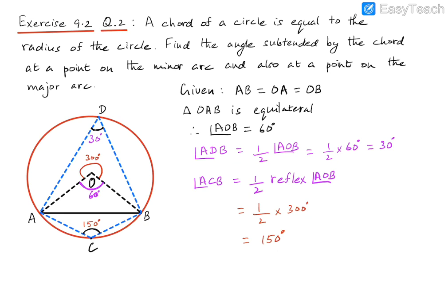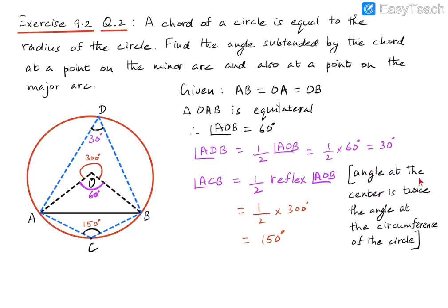Okay, so let me write how we got this relationship of half of the angle at the center. That's from the theorem. The angle subtended by the chord at the center of the circle is twice the angle subtended by the chord at the circumference of the circle.